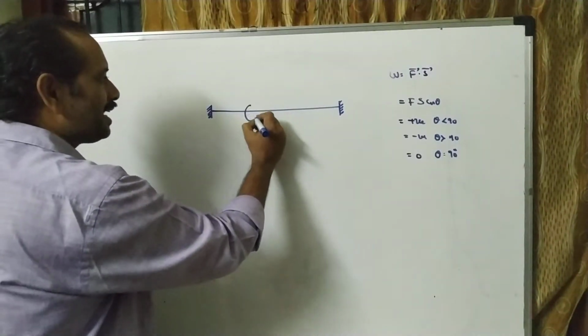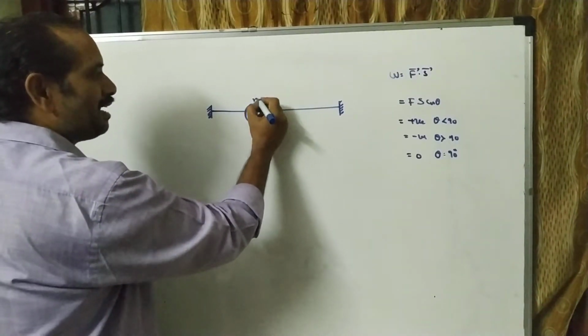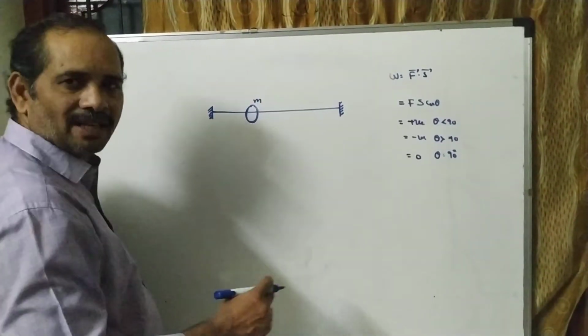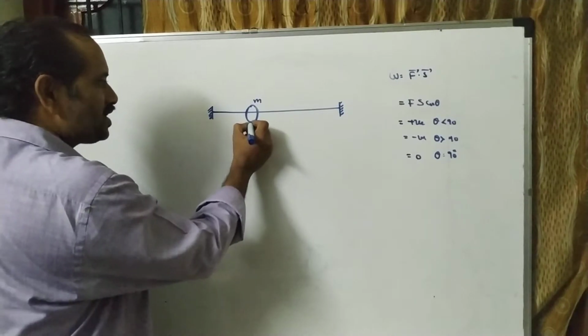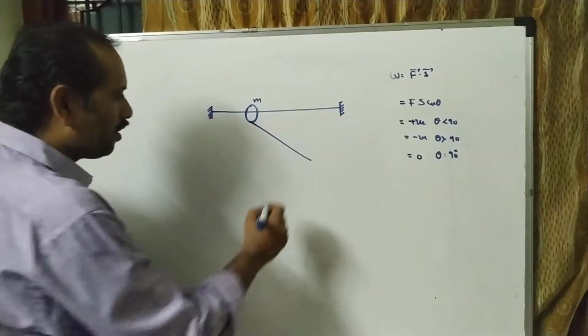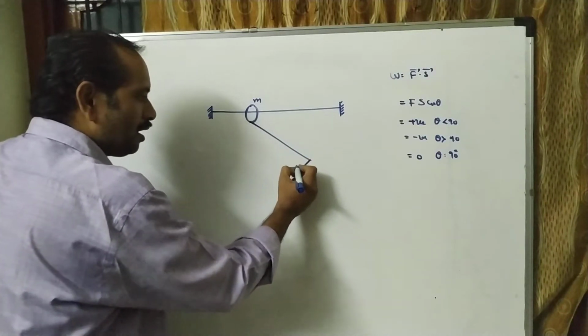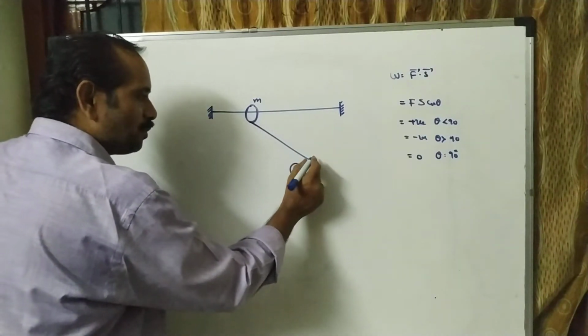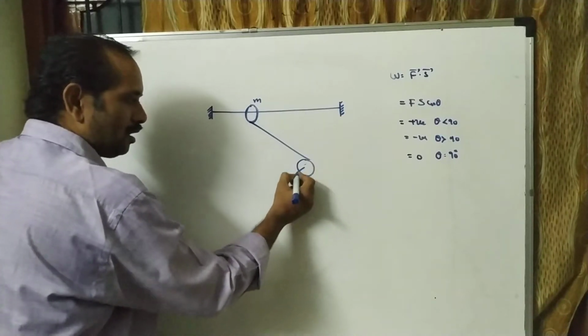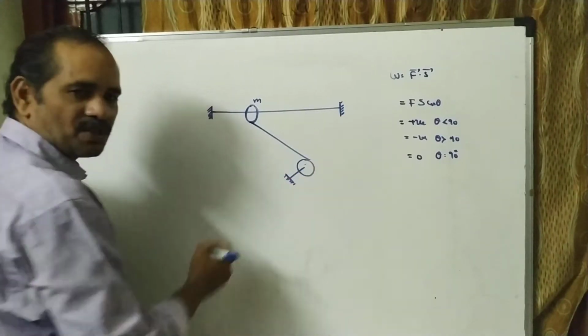A metallic ring of mass m is attached like this, and it can move horizontally. This is a fixed support, through which a pulley is arranged.